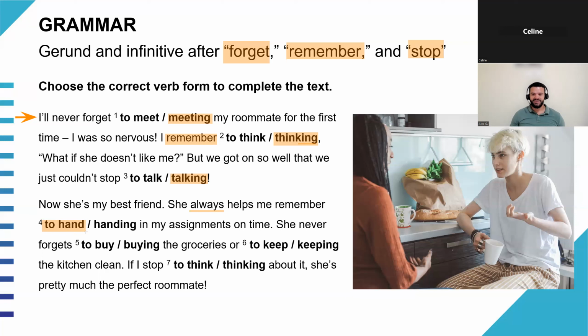I think I have another example here for you that I can show you, okay? But let's finish here and then we'll talk about that. She never forget to buy the groceries or to keep the kitchen clean.